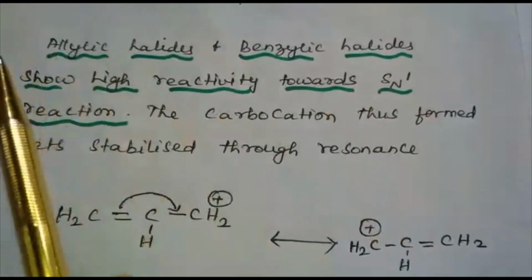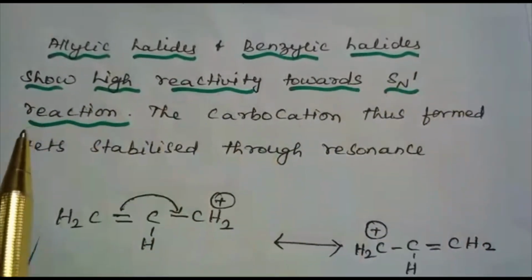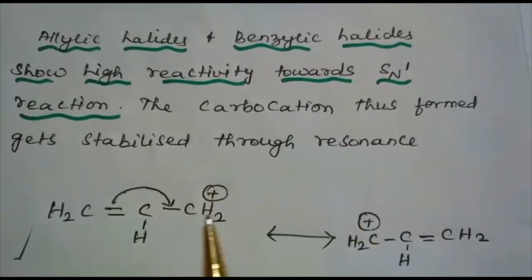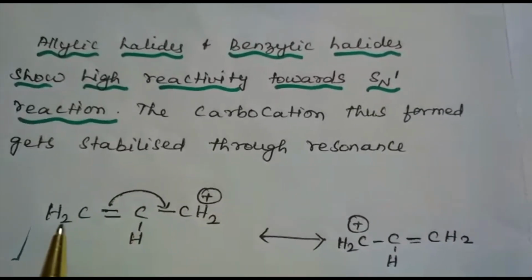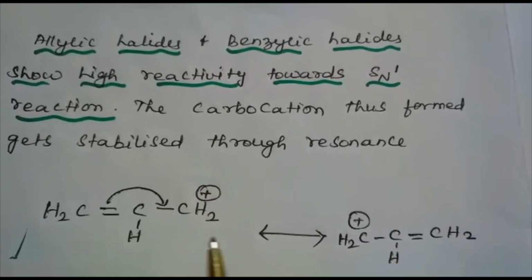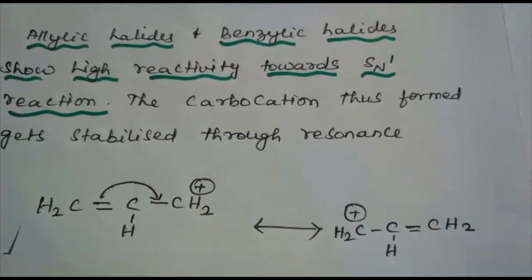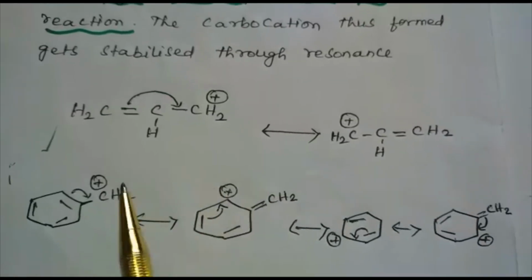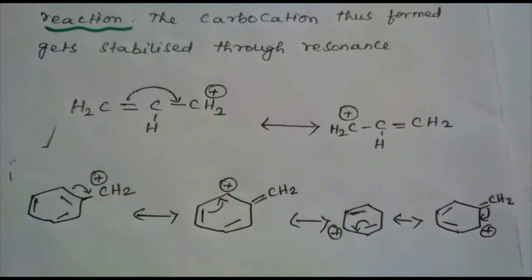If you see allylic halides and benzylic halides, they show high reactivity towards SN1 reaction. The carbocation thus formed is stabilized through resonance. This is the resonance structure of the carbocation of allylic halides. This is the carbocation of benzylic halides.